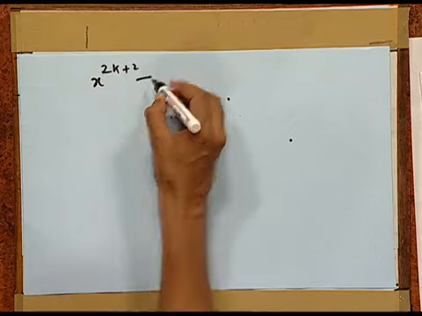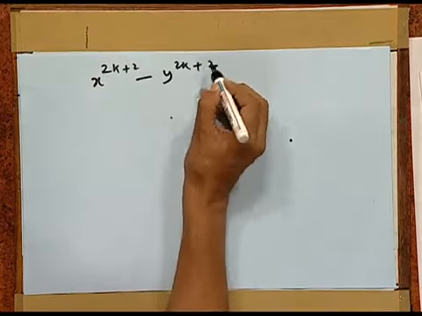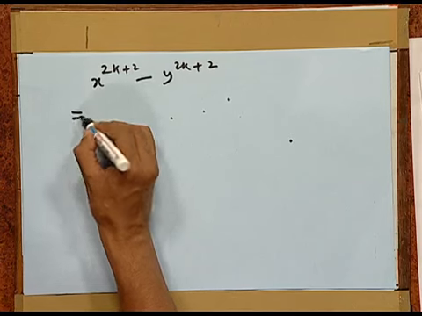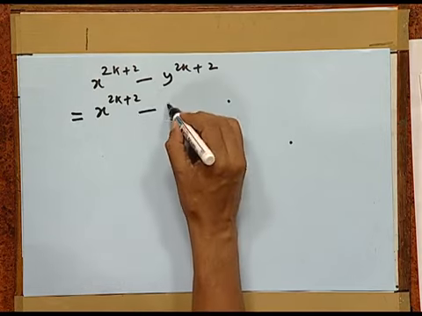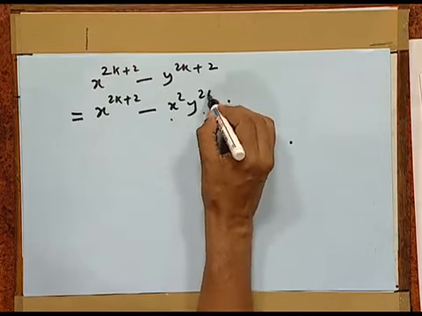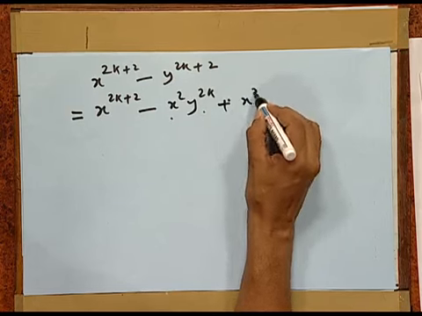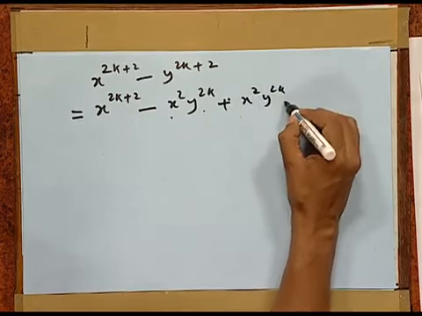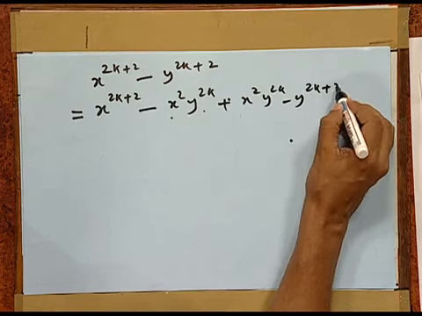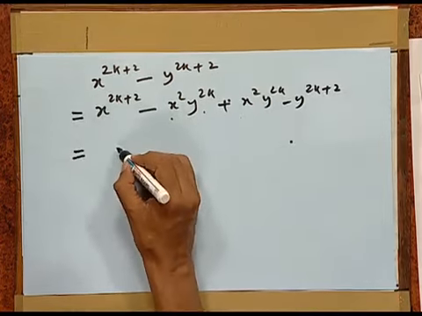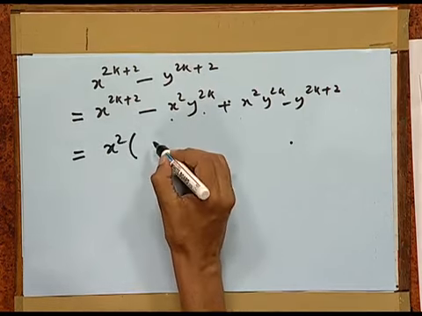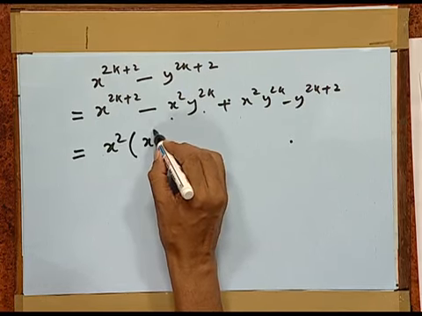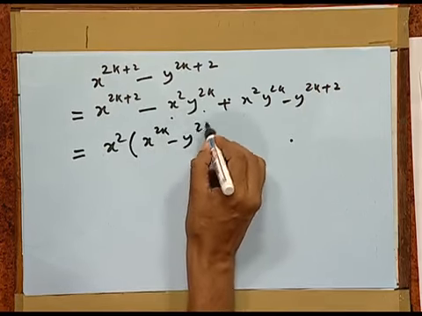Now, we can arrange this as x to the 2k plus 2 minus x square y to the 2k plus x square y to the 2k minus y to the 2k plus 2. Now, here in the first two terms x square is common, which gives x to the 2k minus y to the 2k.